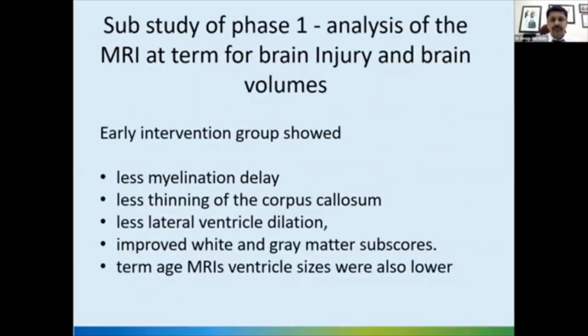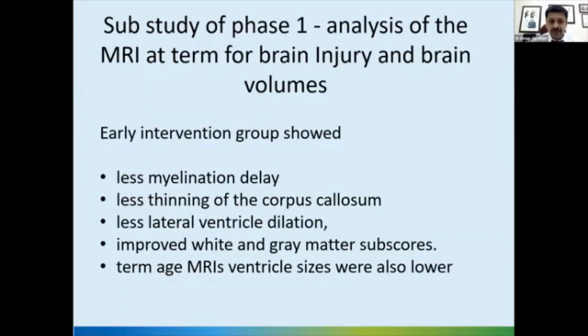But along with that, they did another study. They did term MRIs for all these babies. And this sub-study showed that there is less brain damage in those babies who were intervened at an earlier cutoff stage.